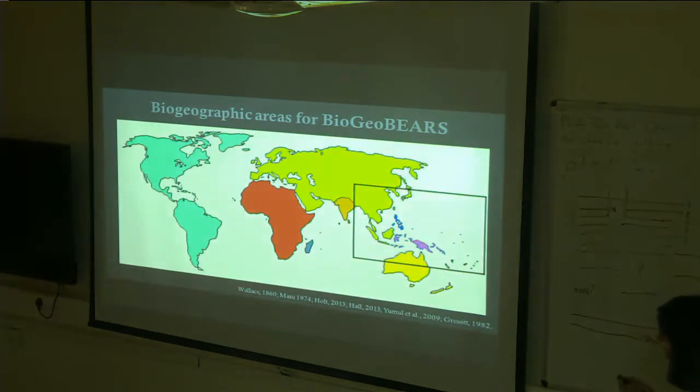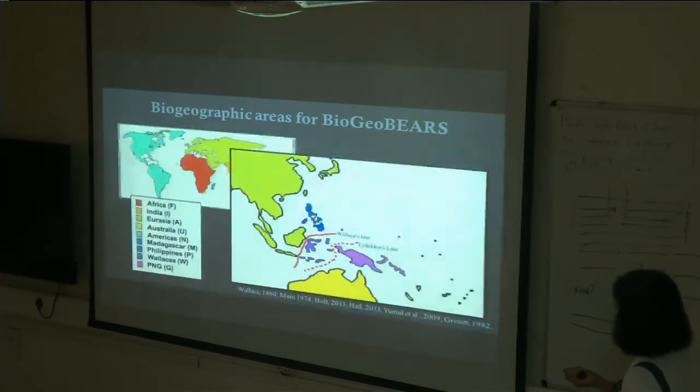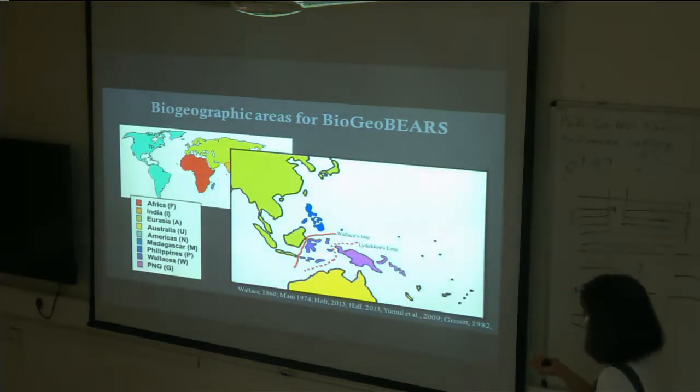I decided my biogeographic areas mostly based on the Gondwanan fragments because I am testing for vicariance as well. I also used Wallace's and Lydekker's lines as barriers. So I had this one group of islands called Wallacea.